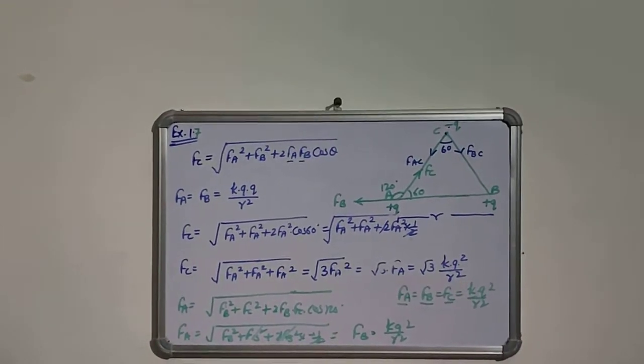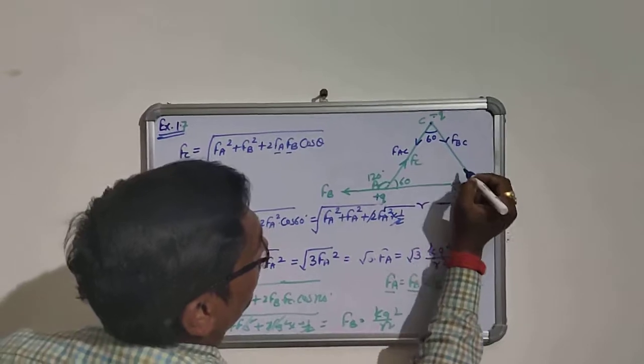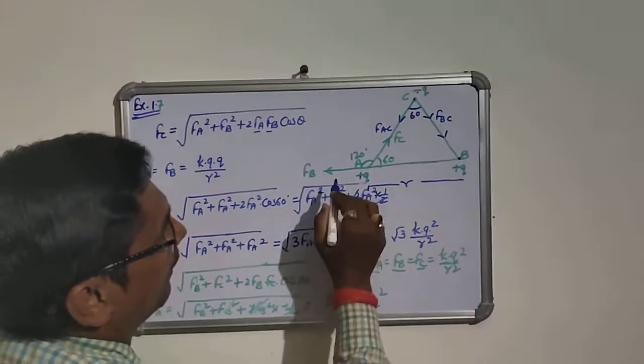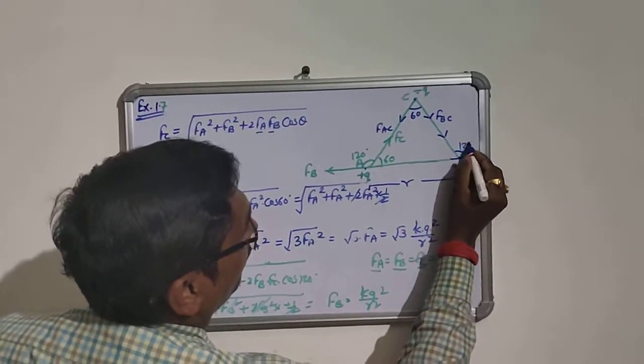Similarly, the magnitude on the B charge is this. B attracts C in this direction, and this charge repels this in this direction, and the angle is also 120 degrees.